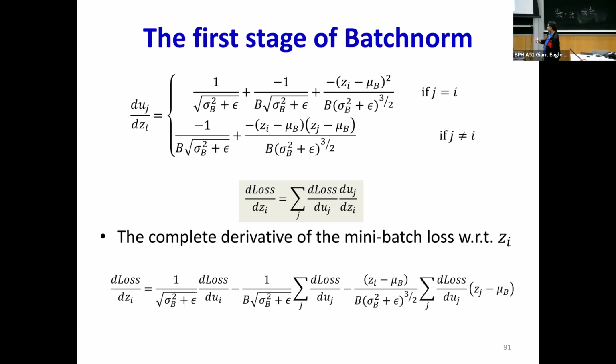What does the second term become? Anybody want to help me? The b in the denominator goes away. The second term is going to be 1 over b times 1 over square root of sigma b squared times the summation from i equals 1 to b of simply d loss over du, because all of the ui's are identical, right?